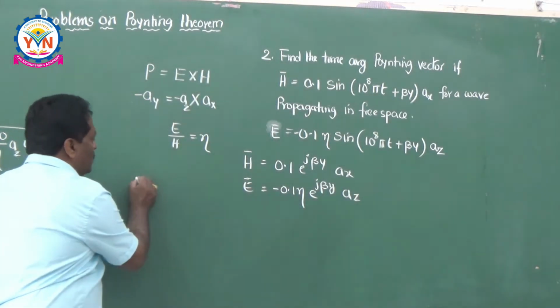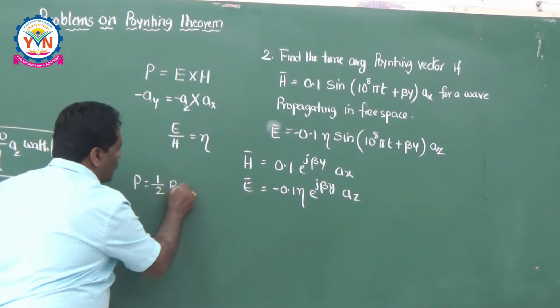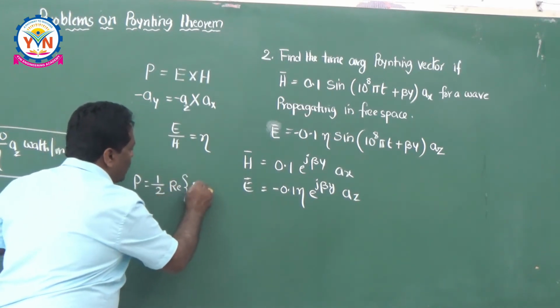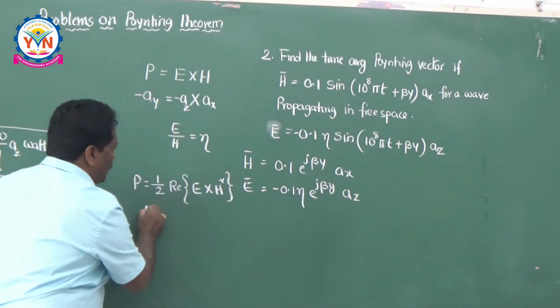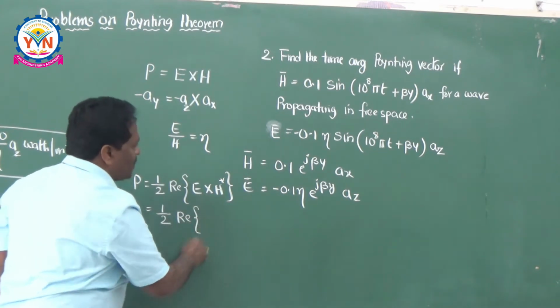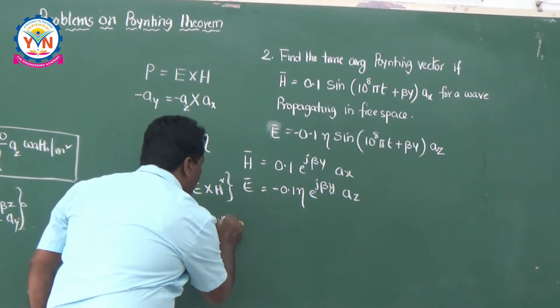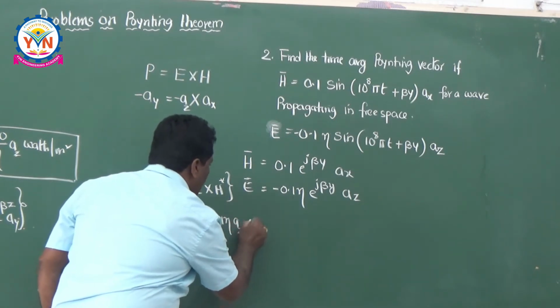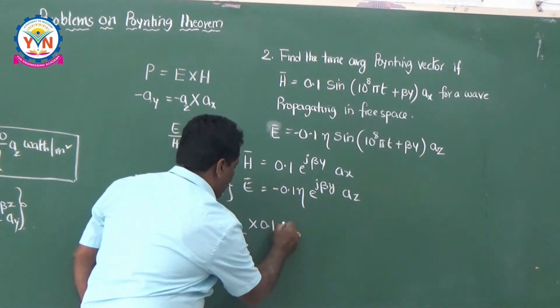Power P is equal to 1 by 2 real part of E cross H conjugate. Therefore, half into real part of E cross H conjugate. What is this E cross H conjugate? Minus 0.1 eta into az cross H conjugate, 0.1 into ax.